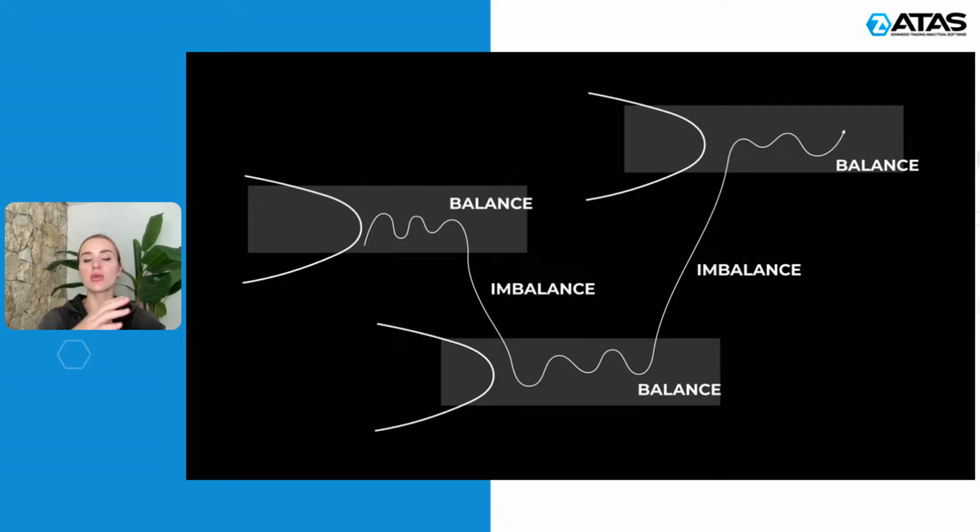So when the market is ranging, it's in balance, it's in efficiency, and the volume increases because more people tend to enter trades. More people consider the price as fair, and on the other hand, large institutions, large market players start to accumulate their positions before pushing the market out of balance.